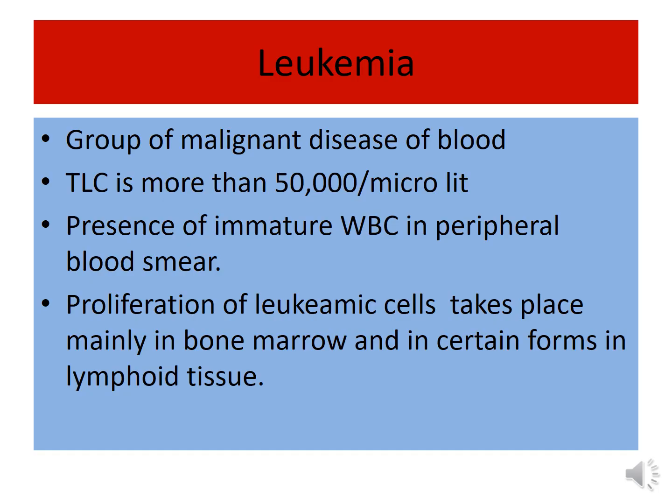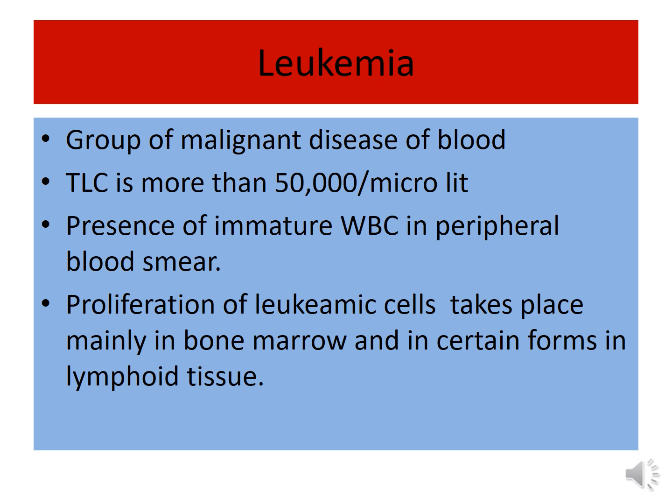What is leukemia? Leukemia is a group of malignant diseases of the blood. In this, the total leukocyte count is more than 50,000 per microliter. So whenever you investigate any blood for the TLC and DLC, and the total leukocyte count is more than 50,000, then you must think of leukemia.